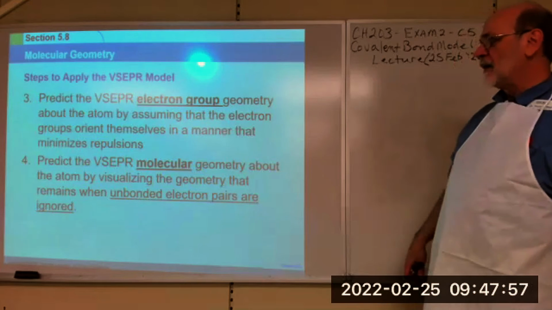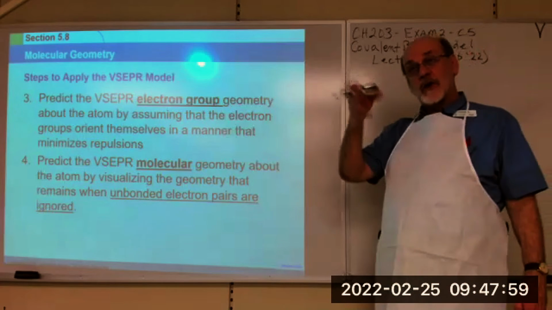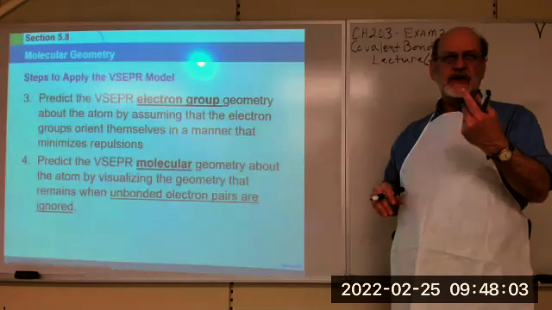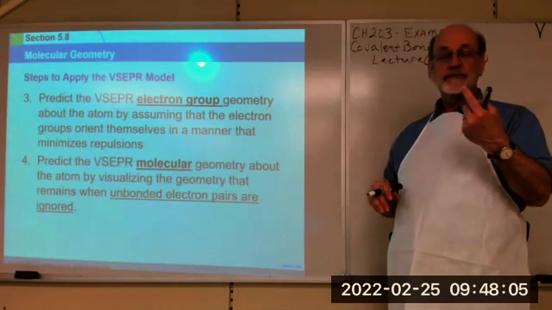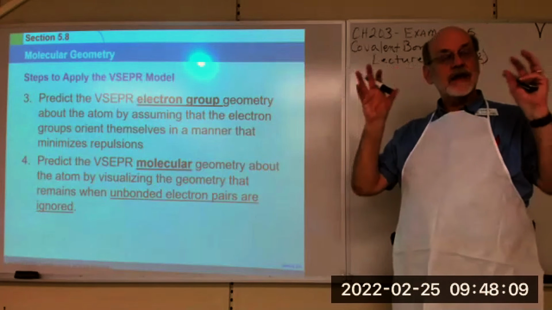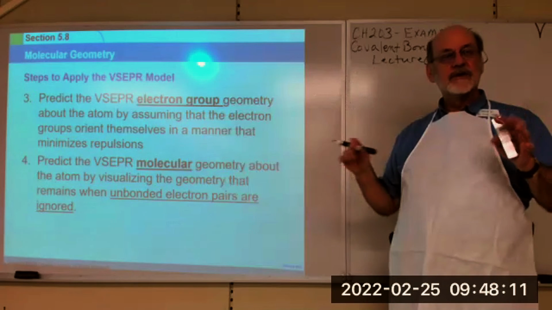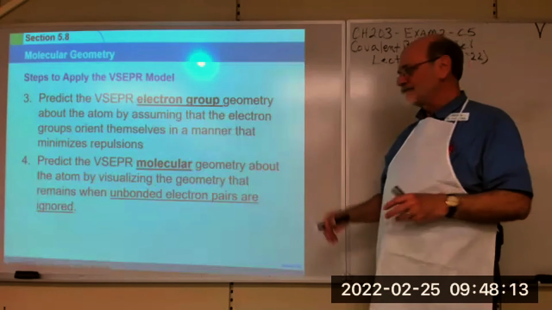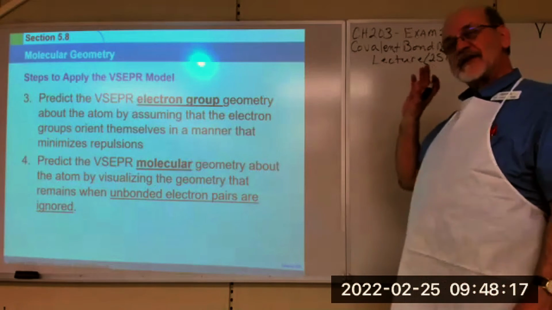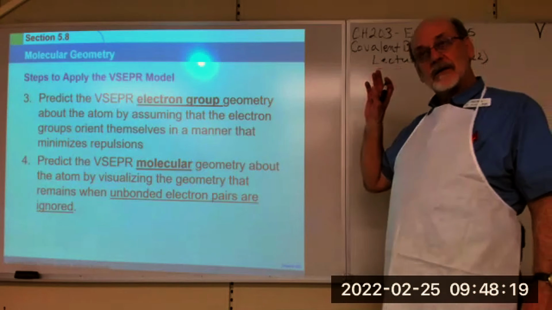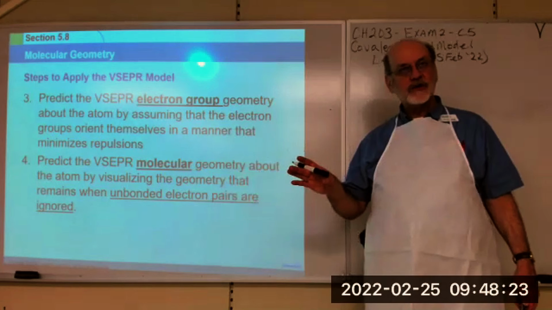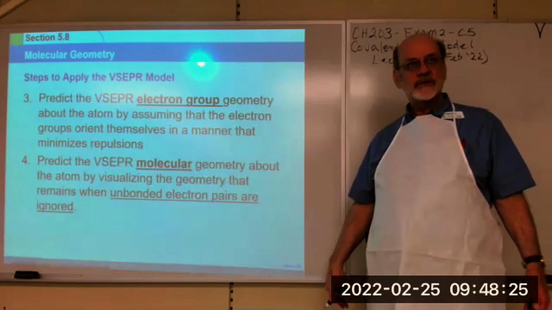And then we use the numbers of those around some central atom. For small molecules, there's only going to be one central atom. For big molecules, you can have several different centers that have different molecular shapes. And then you go to what is the geometric shape that gives you the least repulsion among those groups.